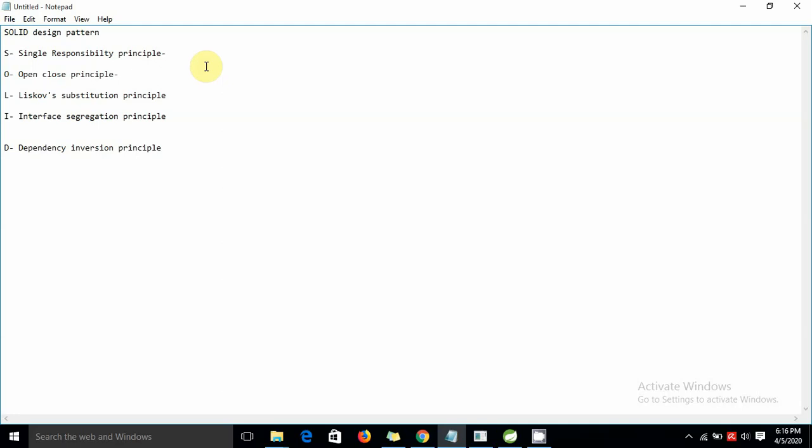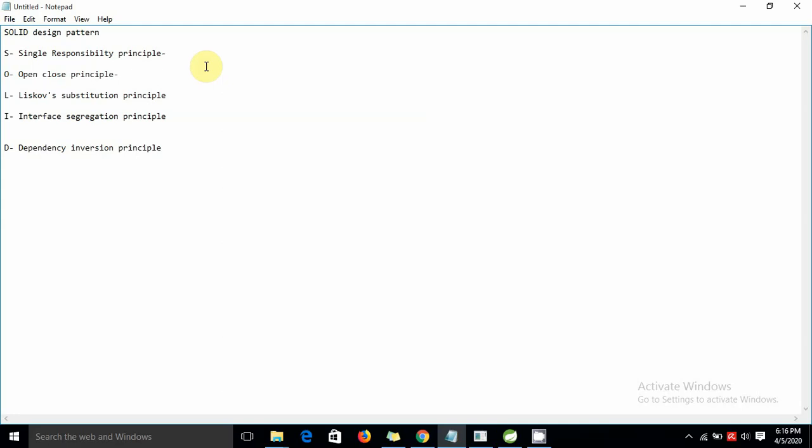So we can segregate that interface into two interfaces, X and Y, where one interface contains the A and B methods and another contains the C method. If any class requires all three methods, then that class will implement both interfaces X and Y and do the job.